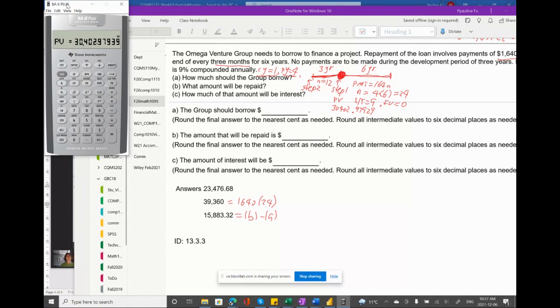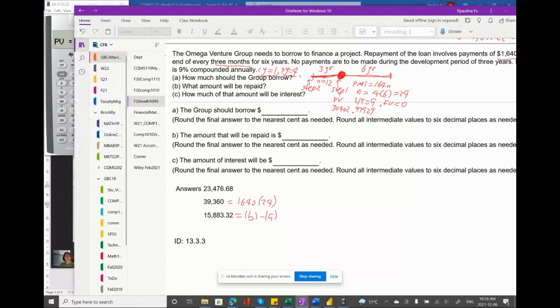Once you get this PV, calculate the present value right now. Present value right now is the money you need to borrow. Term N equal to 12, because 3 years, 4 times every year. PMT is 0 during this 3-year period.